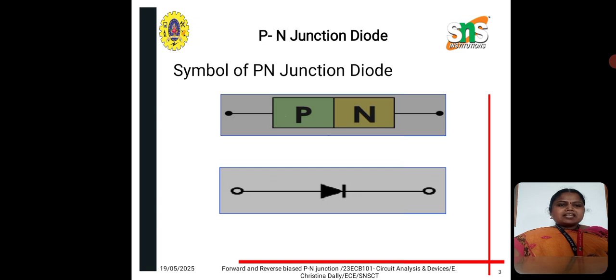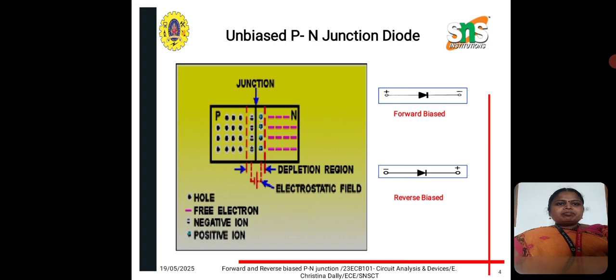One is P type, another one is N type. Both P type and N type together are formed, hence it is known as PN junction diode. The majority carriers in the P type will be holes and the minority carriers in the N type will be electrons. So this is the symbol of the PN junction diode.